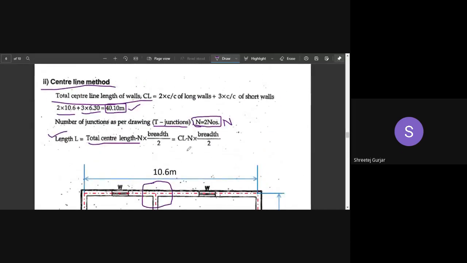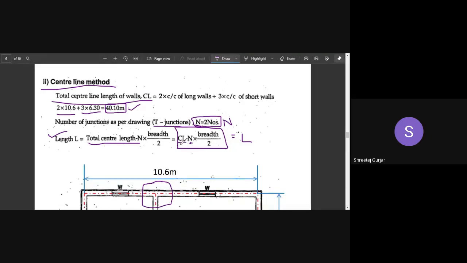Simplifying the formula, it will be centerline length CL minus N, the number of T junctions, into B by 2. Remember this formula. This is how you calculate the length of a particular item of work. So we will be using this formula, CL minus N into B by 2.